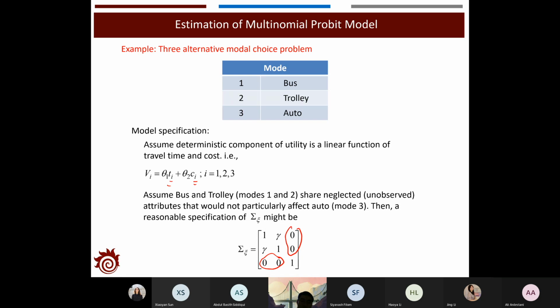So we set the covariance matrix, set these four cells as 0 to represent the independence. And we know that the bus and trolley are correlated with each other, but we don't know what the correlation is. So we assume that the value is gamma. So now we will only have one parameter to estimate for the covariance matrix of epsilon, that is gamma.